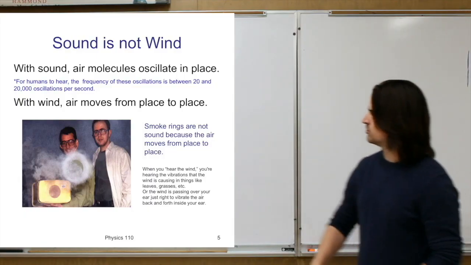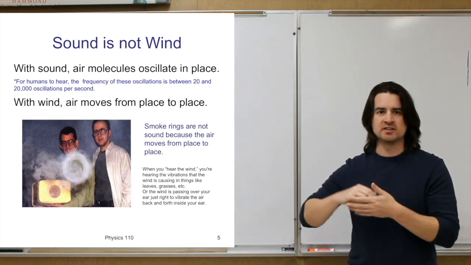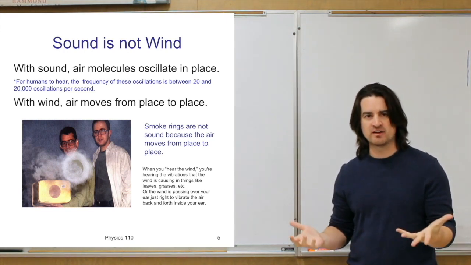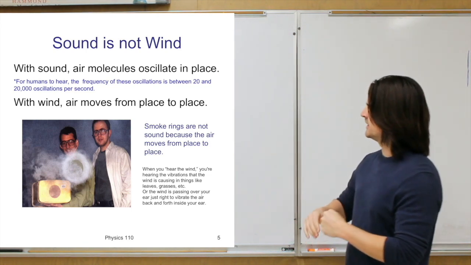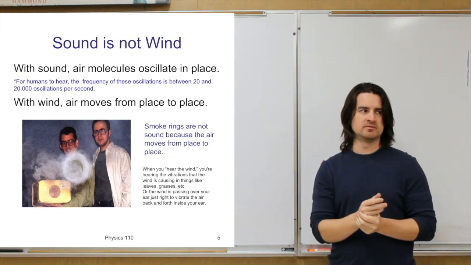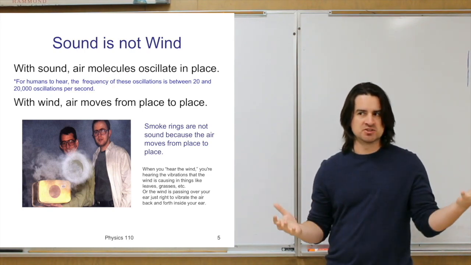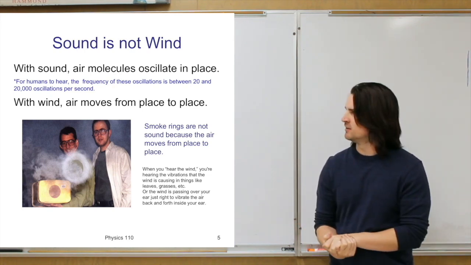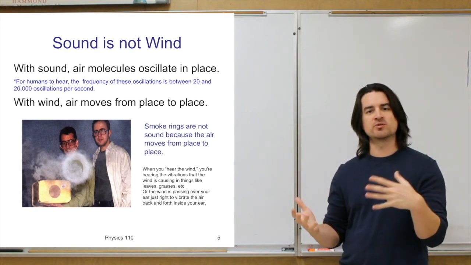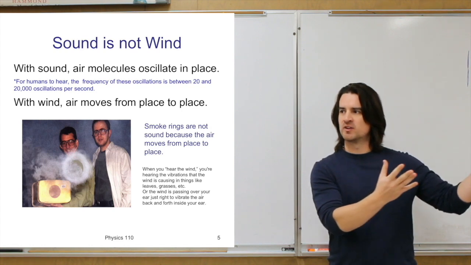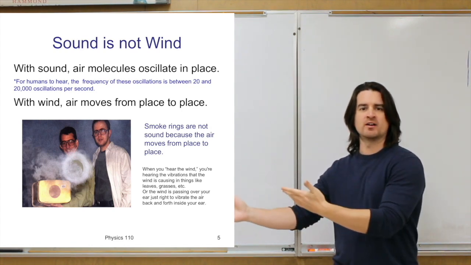Okay, so how do we distinguish between sound, which is a movement of air in some sense, and just plain old wind, right? You'll probably know wind is just movements of air, but wind doesn't generally create sound because wind is more of a bulk movement of air molecules.